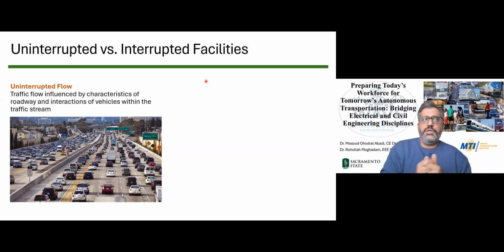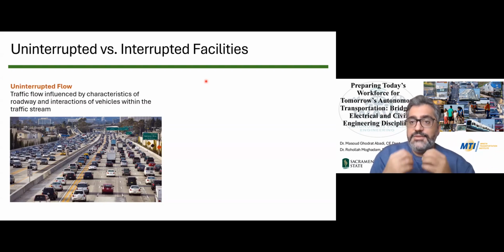In traffic engineering, we have two different types of facilities. We call them uninterrupted flow versus interrupted flow. Uninterrupted flow means that I, as a traffic engineer, do not get involved directly with the movement of vehicles. It is the facility itself, like a freeway or a highway. It is the number of lanes that are there. It is other vehicles on the roadway.